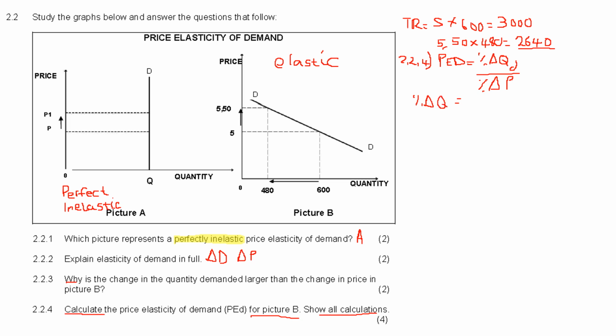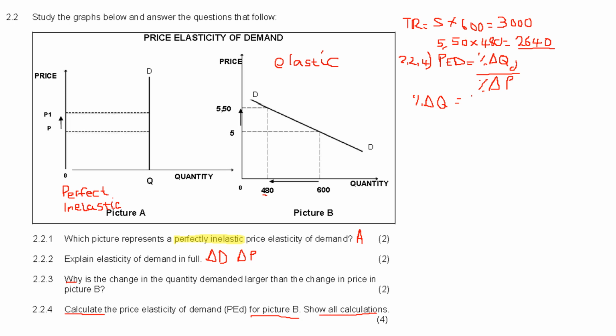We said it's new price minus old price divided by old price. So the new quantity, which is 480, because it has decreased from 600 to 480. So our new quantity is now 480.